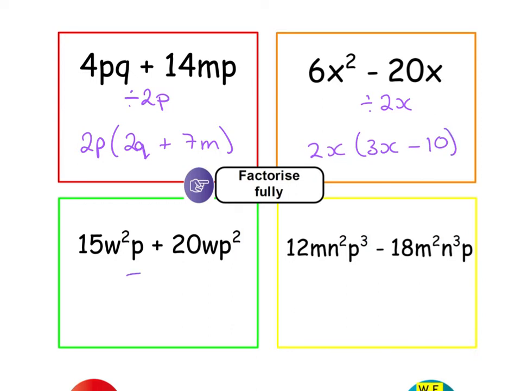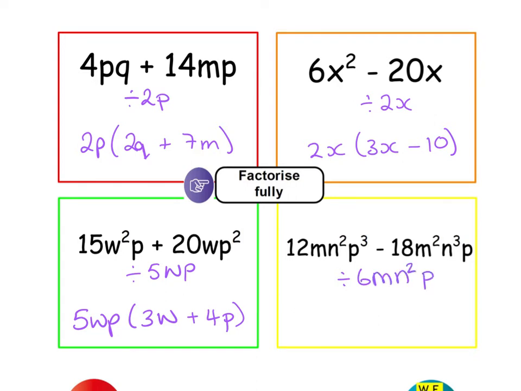And we can divide this by 5, w and a p. And this one we can divide by 6, an m, 2 n's and a p.